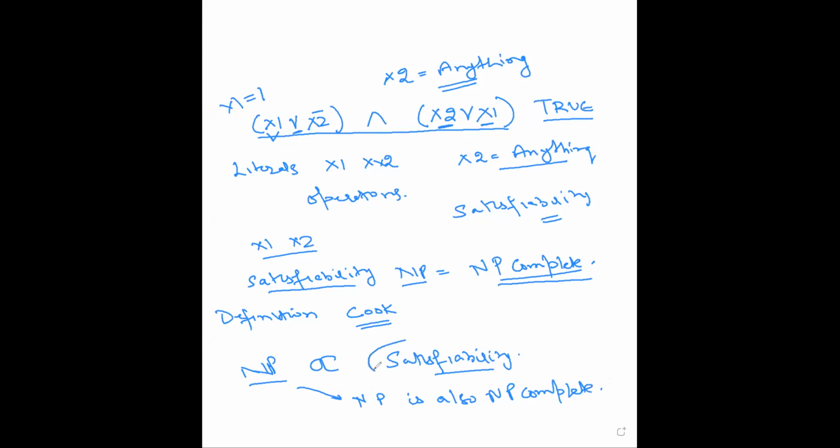So why do we consider satisfiability as the base problem? Because it is NP complete. Now, the next thing we wish to understand is how hard a satisfiability problem is.